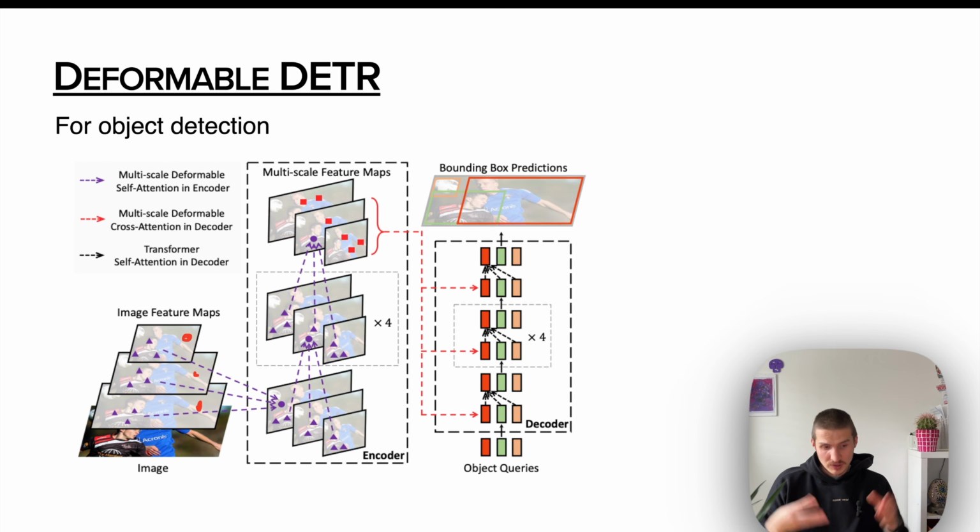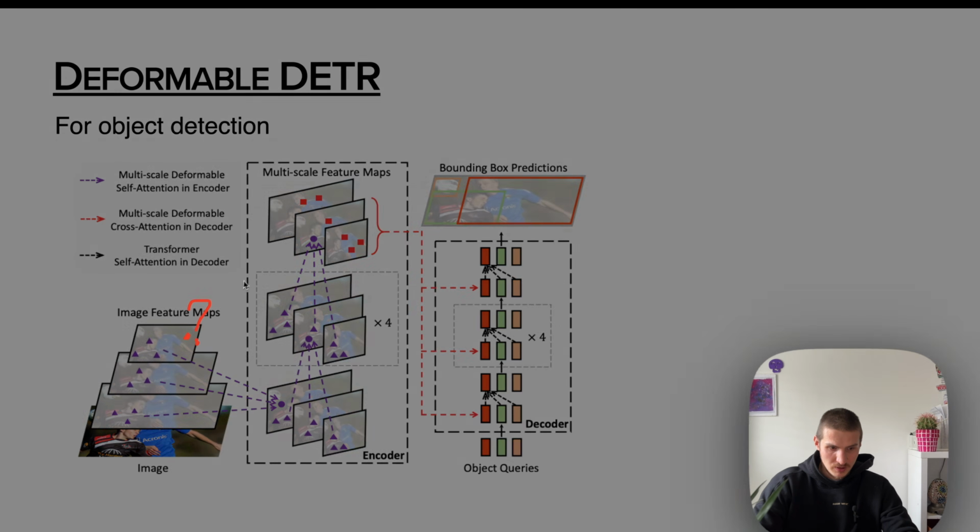But to pass it to the encoder, we flatten it all out, so we lose all of that information. Similar to how we lose positional information, so where this pixel is located within the image. So we want to encode that explicitly by adding a special embedding for the position as well as for the level. So we have an extra level encoding that helps us provide the network with the information about which level this particular pixel is coming from.